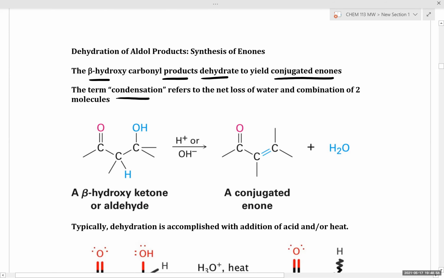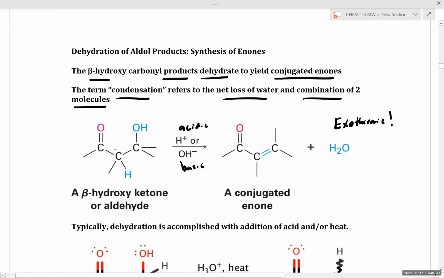The term condensation refers to the net loss of water and the combination of two molecules. This dehydration can occur either under acidic or basic conditions. And I'd just like you to note that this dehydration is relatively exothermic. You're forming a quite stable carbon-carbon double bond as well as an oxygen-hydrogen single bond.